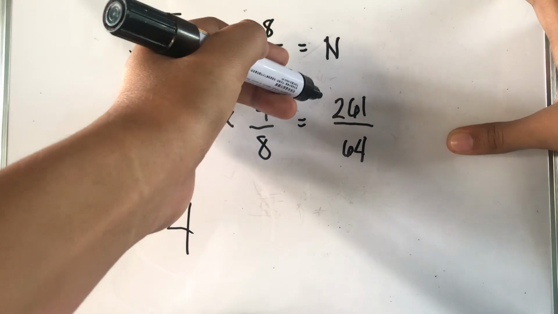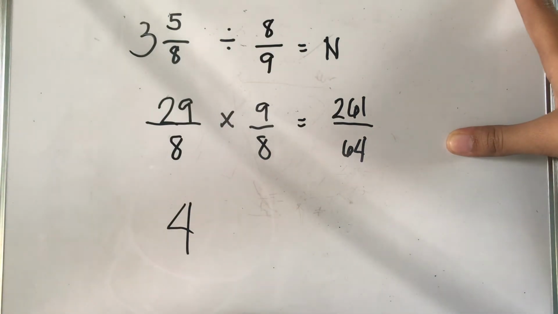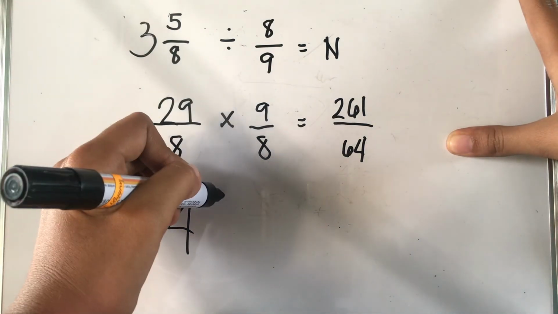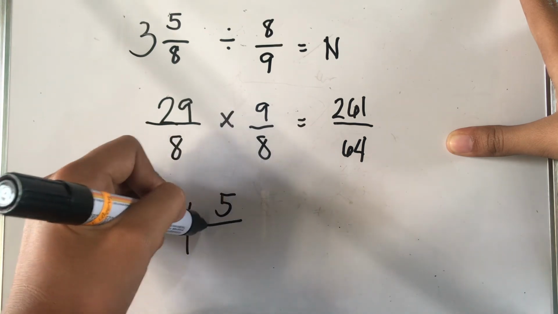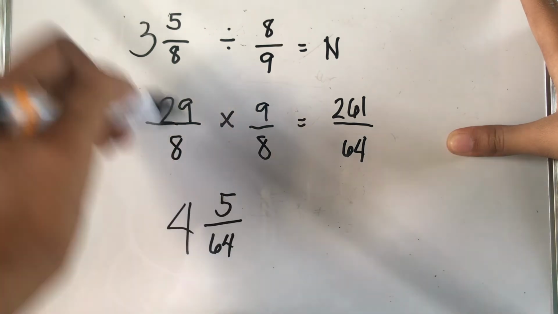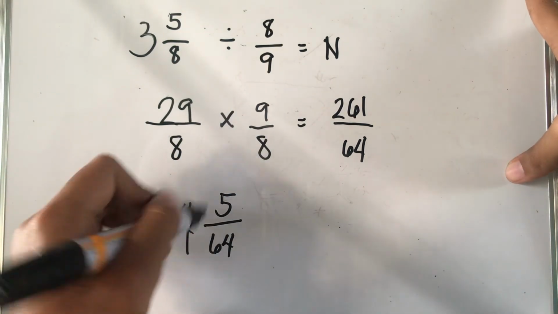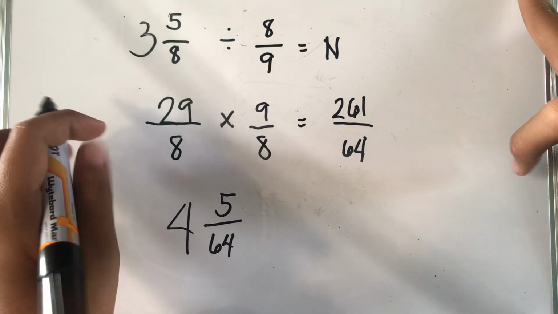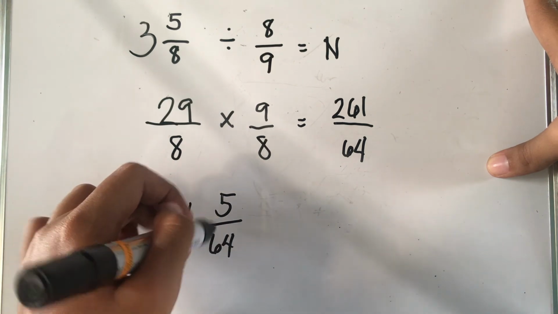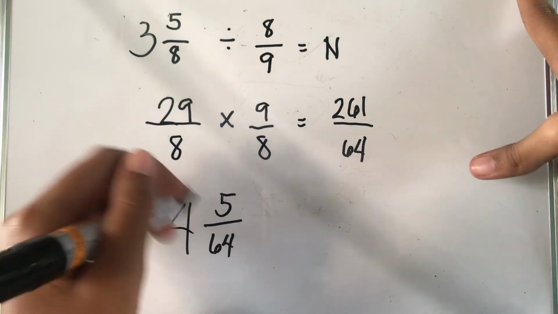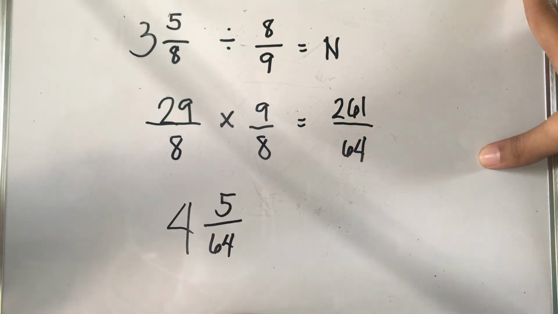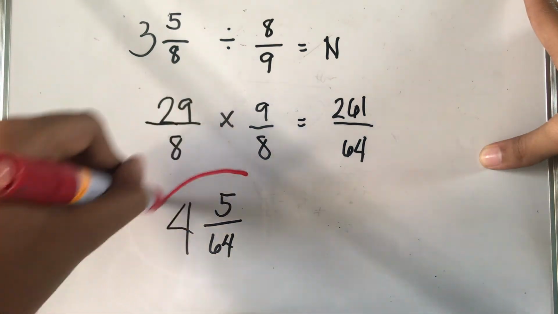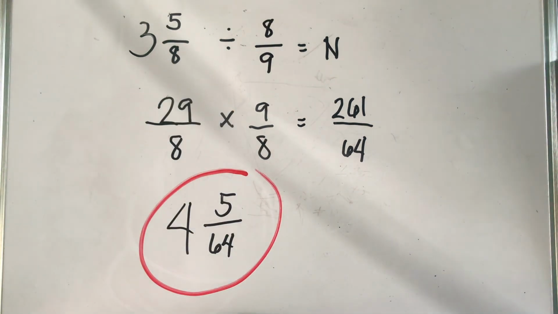So 261 minus 256 equals 5 over 64. Now, obviously, both numbers cannot be divided by any number anymore. 64 cannot be divided by 5. Since it is not divisible by 5, we can say that 4 and 5 over 64 is the final answer.